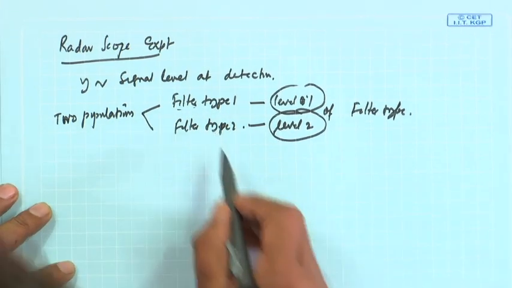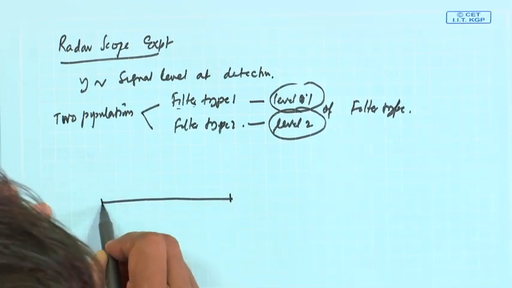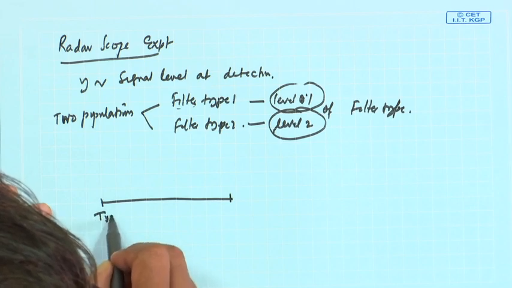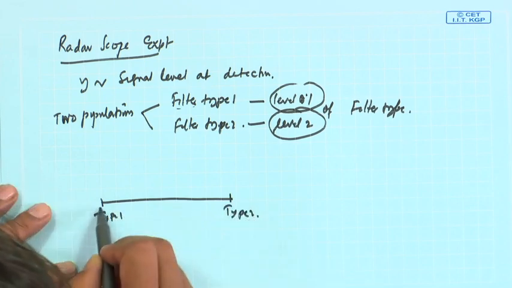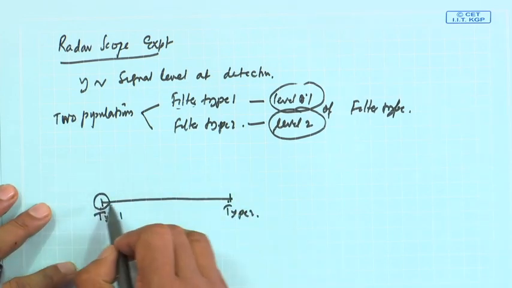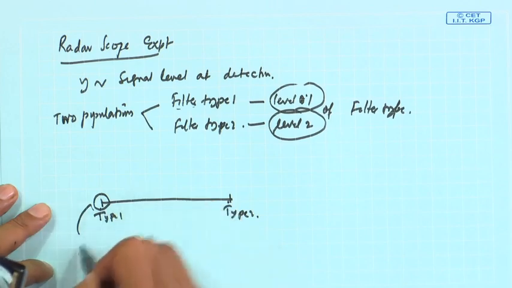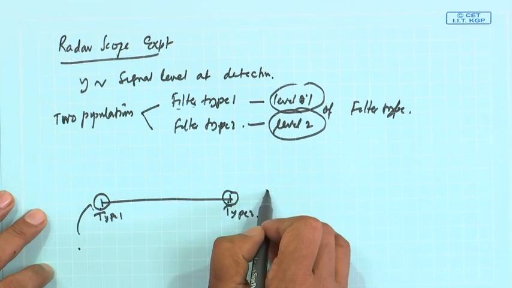Otherwise I can say that you are doing the experiment with type 1 filter and type 2 filter. This is level 1. Whatever result you get, we say it comes from population 1, and whatever result you get from the other, it comes from population 2.